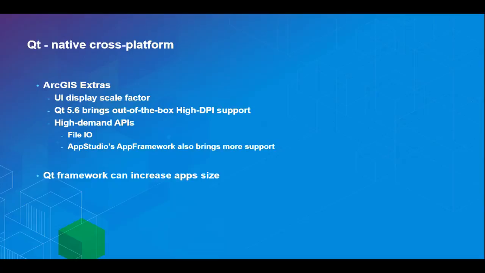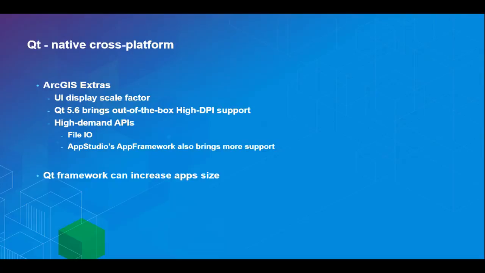Prior to 5.6. But at 5.6, they do allow you to configure your app out of the box so it does adjust the size of the different components like buttons and text depending on the DPI of the device. So that's actually really neat that they brought that in at 5.6, but something to be aware of because our existing software allows you to run with Qt 5.4.1 and above.